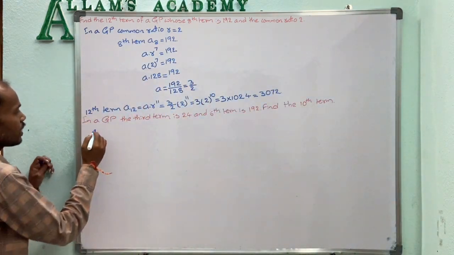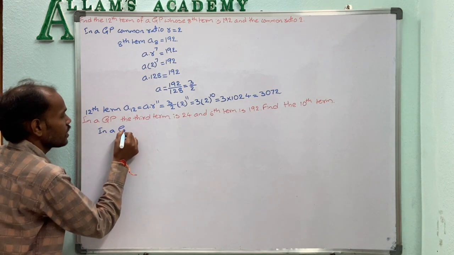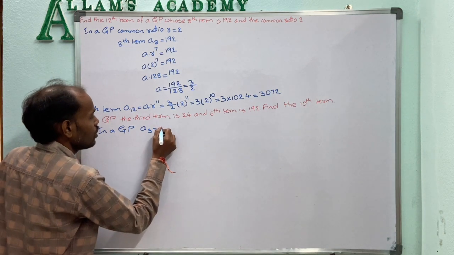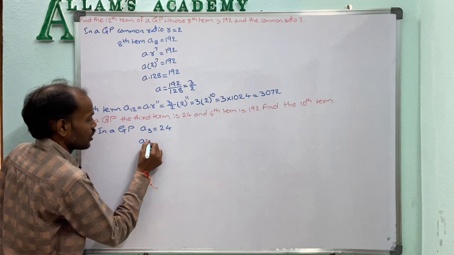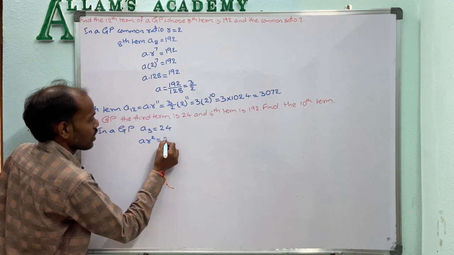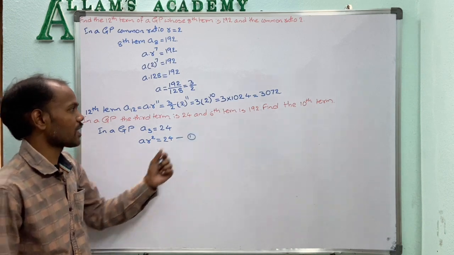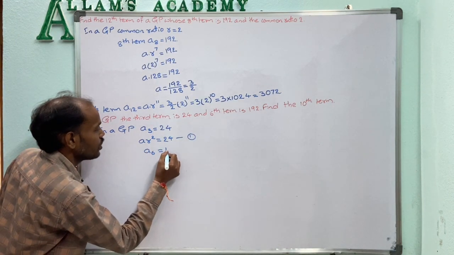So here, in a geometric progression, the third term a3 is equal to 24. a3 is a into r power 2, equal to 24, given. Now the sixth term a6 is equal to 192, given.